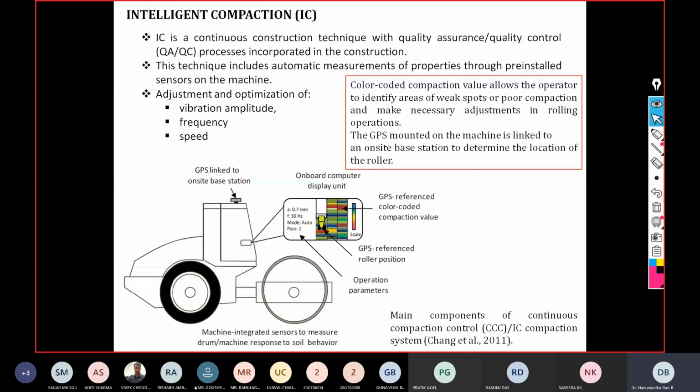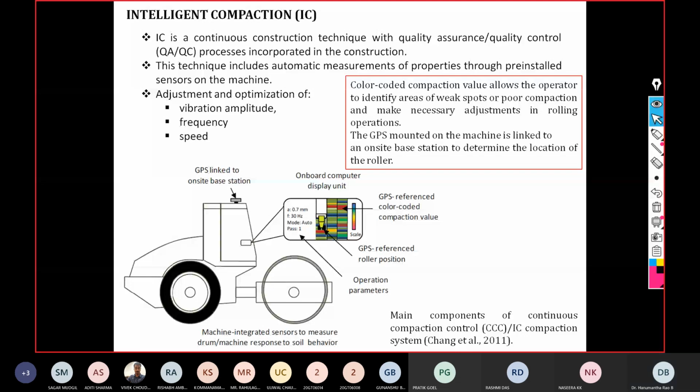When you conduct one sample for a length of 500 meters, we do not know whether the soil has been compacted or not. Suppose if you take an interval of 2 core cutter samples, 100 meters to 1 kilometer, we were literally not knowing what is the density achieved in between.